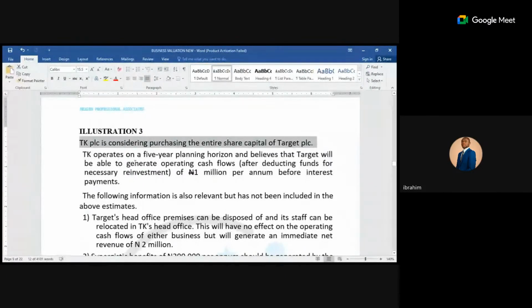TK operates on a 5-year planning horizon and believes that Target will be able to generate operating cash flows, after deducting funds for necessary reinvestment, of 1 million per year before interest payments.